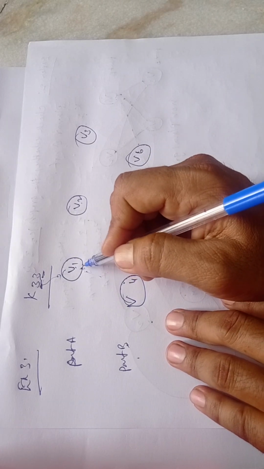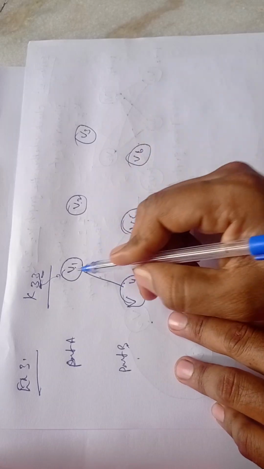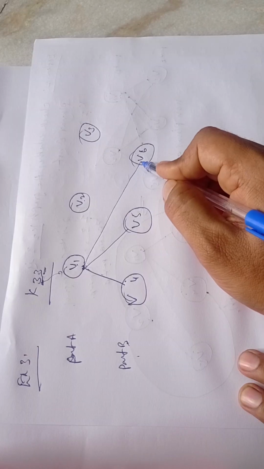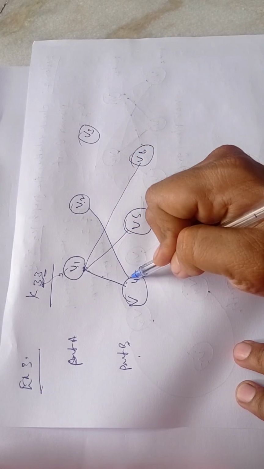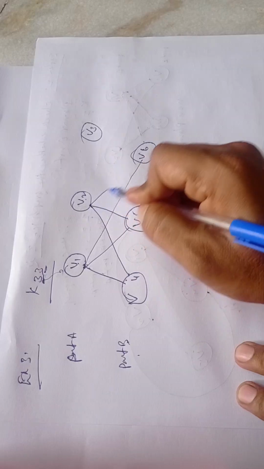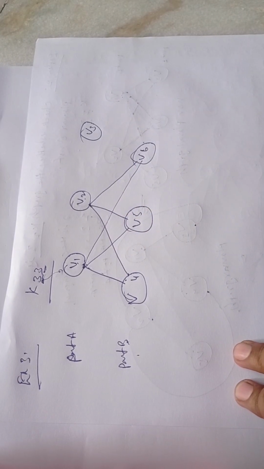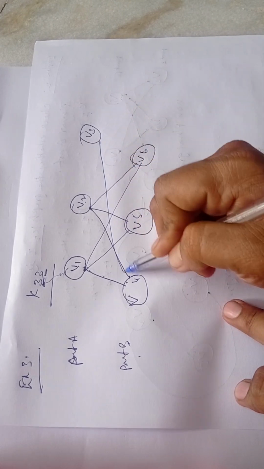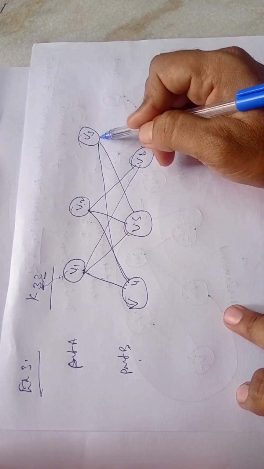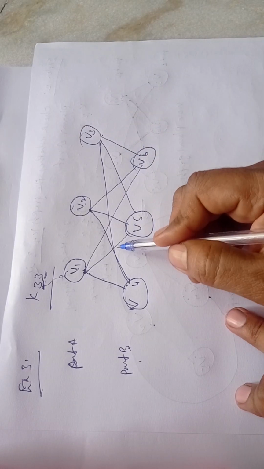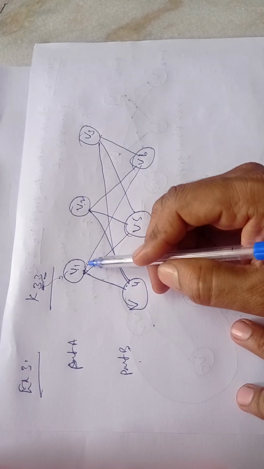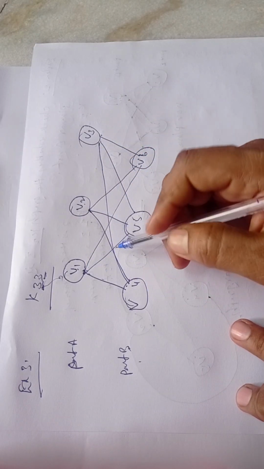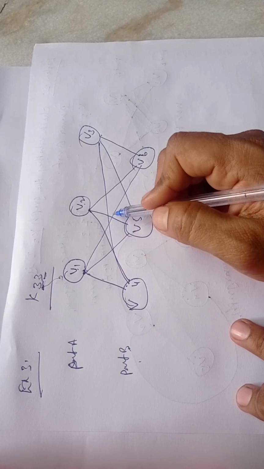So V1 to V4, V1 to V5, V1 to V6, V2 to V4, V2 to V5, V2 to V6, and V3 to V4, V3 to V5, V3 to V6. There are so many vertices and edges, and several edges are crossing.